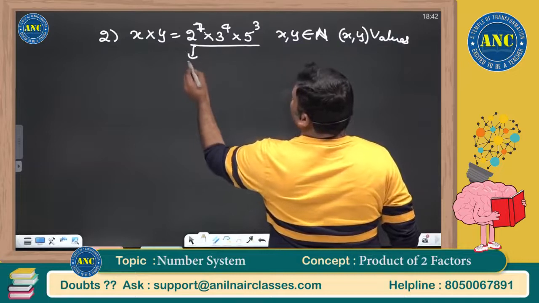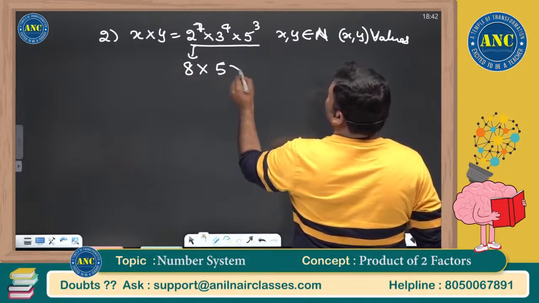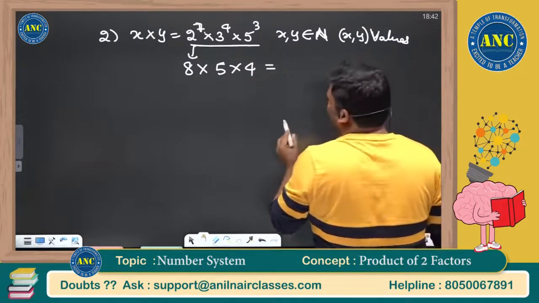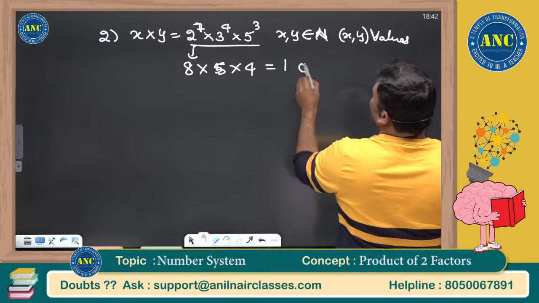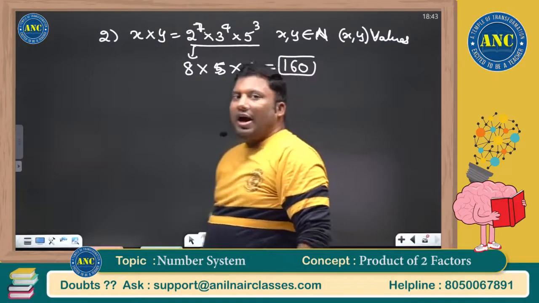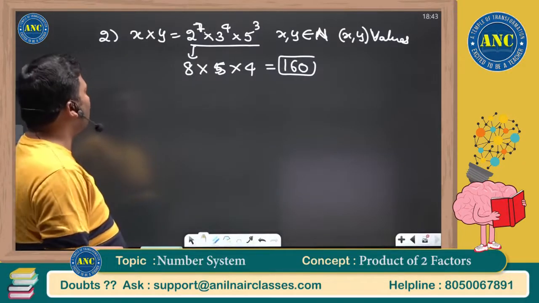Directly, 0 to 7, answer is 8. 0 to 4, answer is 5. 0 to 3, it is 4. 8 5s are 40, 4 4s are 160. The answer for this question is 160.